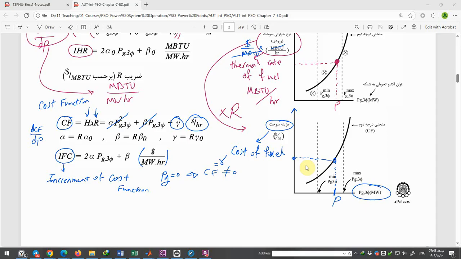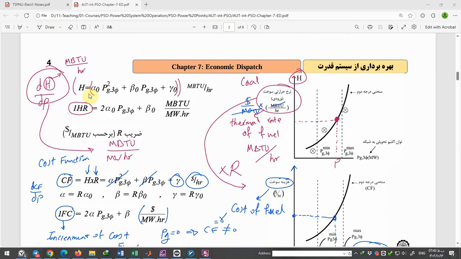For example, for a custom fuel, for example mazout or natural gas, you need a custom dollar per hour for producing active power. And so the heat rate or thermal rate of fuel is depicted as a formula like this.